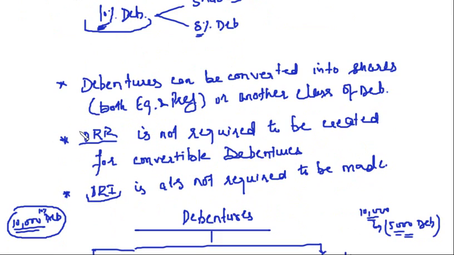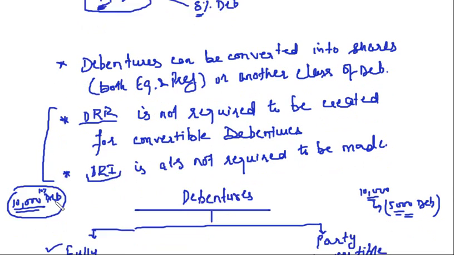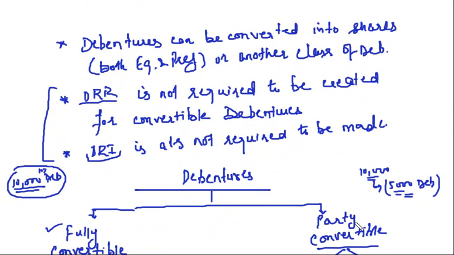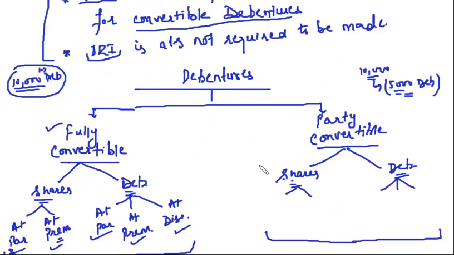Right? Then this is important to know that DRR and DRI are not required to be made on the convertible part of debentures. Right? If they are fully convertible, that means for the whole of debentures, and if they are partly convertible, then you have to create DRR and DRI on the non-convertible part, and for the convertible part you are not required to create DRR and DRI. Right? So this is important.